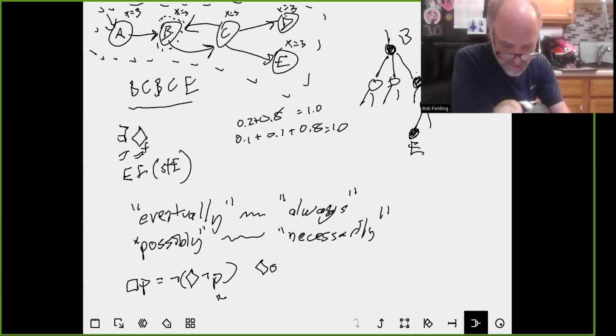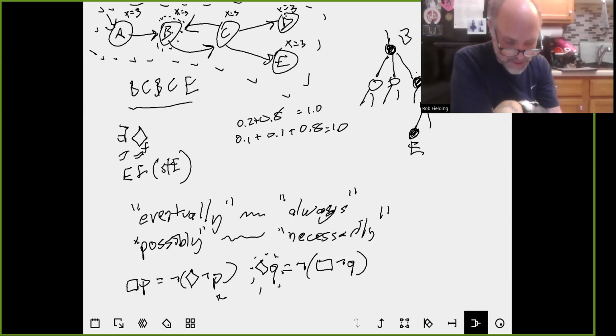And you can go the other way with these, where if you have something that is possibly true, Q, you have two ways of writing not. You have something that is always true, but you negate it. So Q always being false never happens, which means it's possible. That means possibly, right?